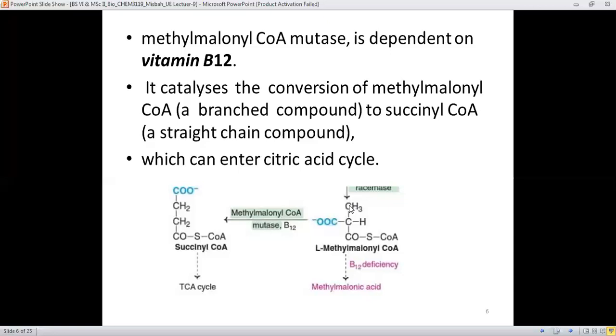Therefore, this succinyl CoA can enter the tricarboxylic acid cycle or citric acid cycle to generate energy. Again, the enzyme is mutase, and mutase enzymes cause the transfer of a functional group from one part of the molecule to another part.